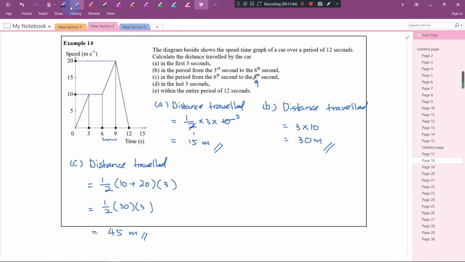Okay, now let's go to part D. In the last 3 seconds, the distance traveled will be over here, 9 to 12. We need to find the area for this part. So this is a triangle again.